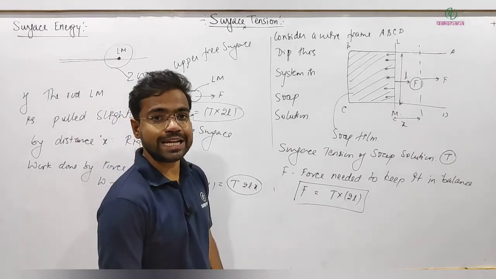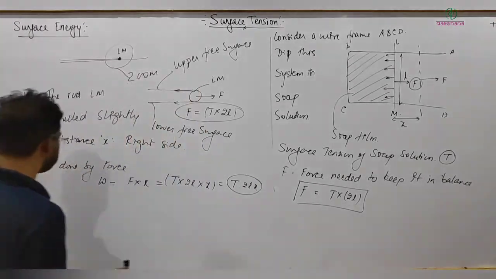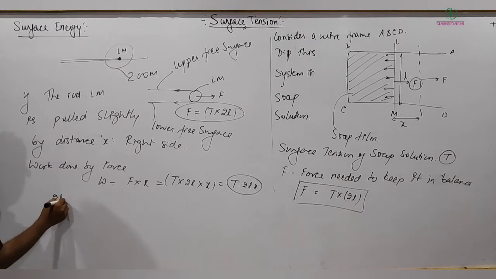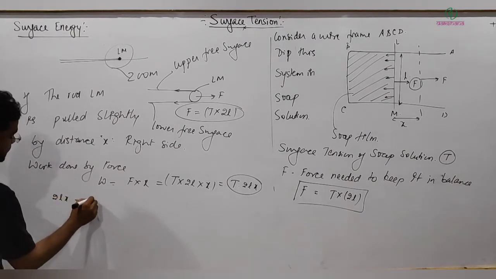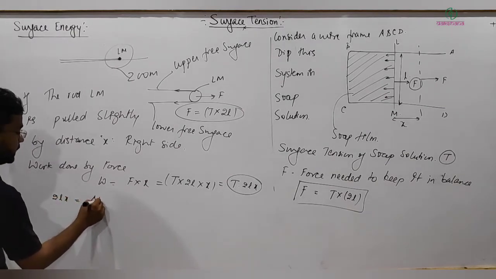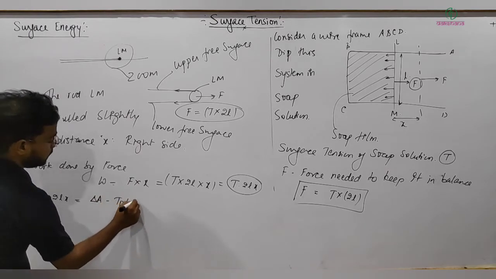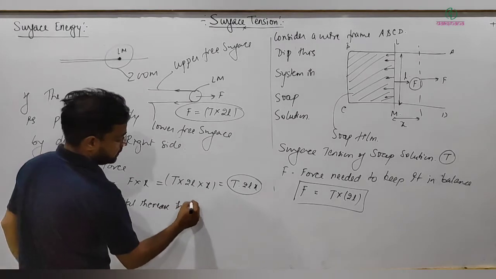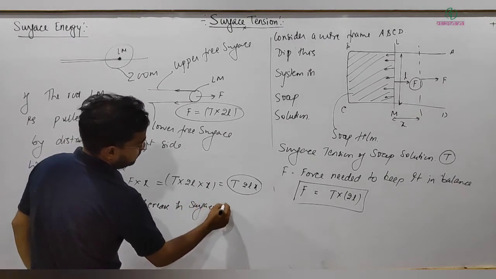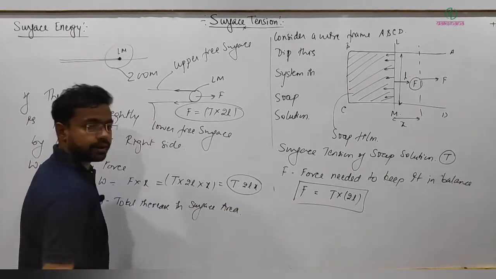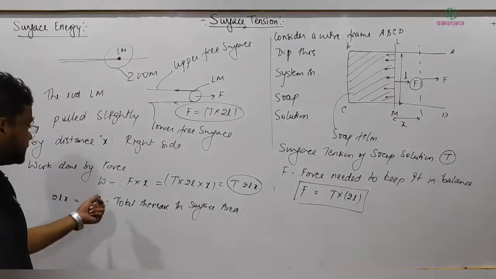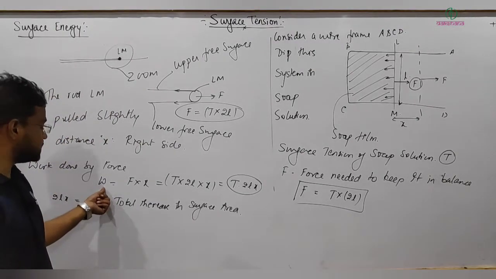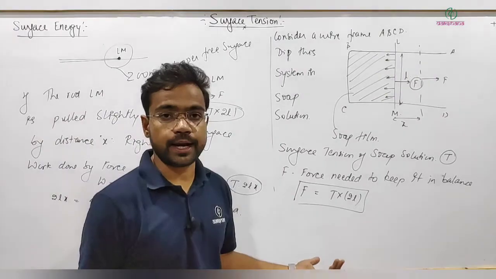I can write it as the total increase in surface area, let's say delta A. So this is the work done, and where is this work done going, right?